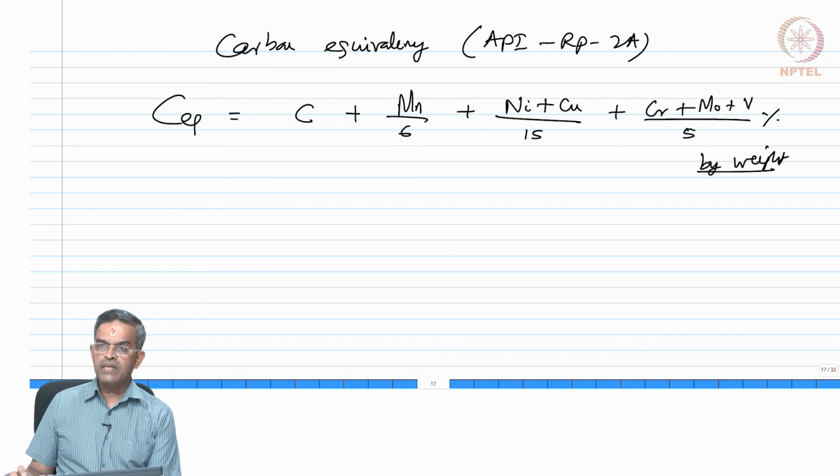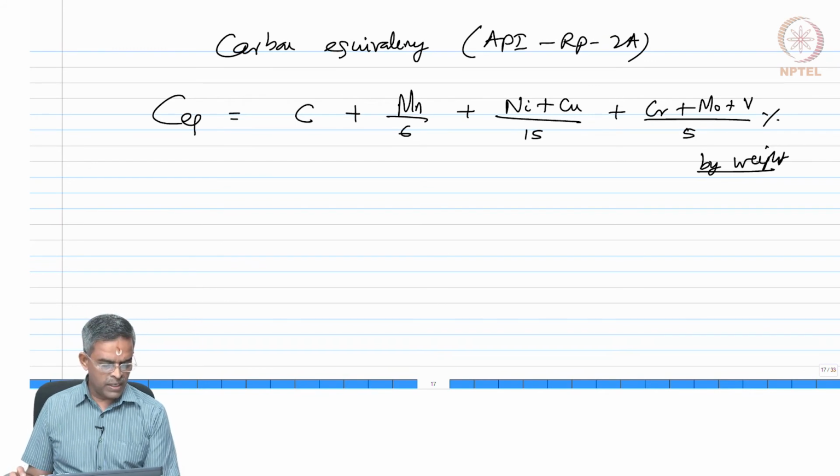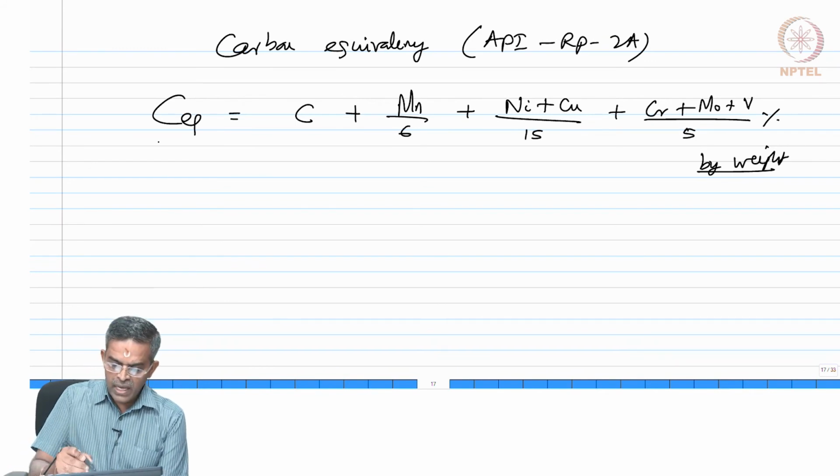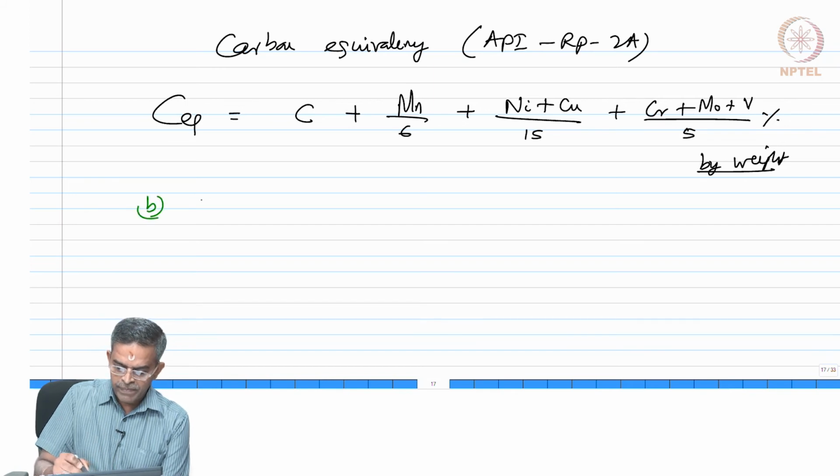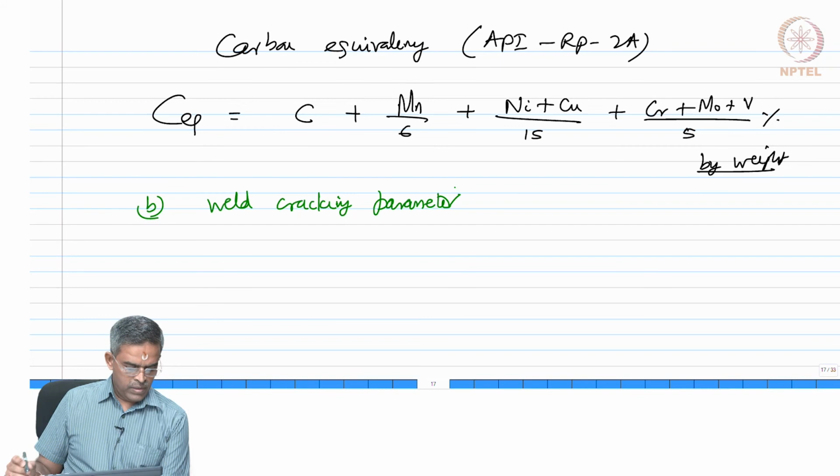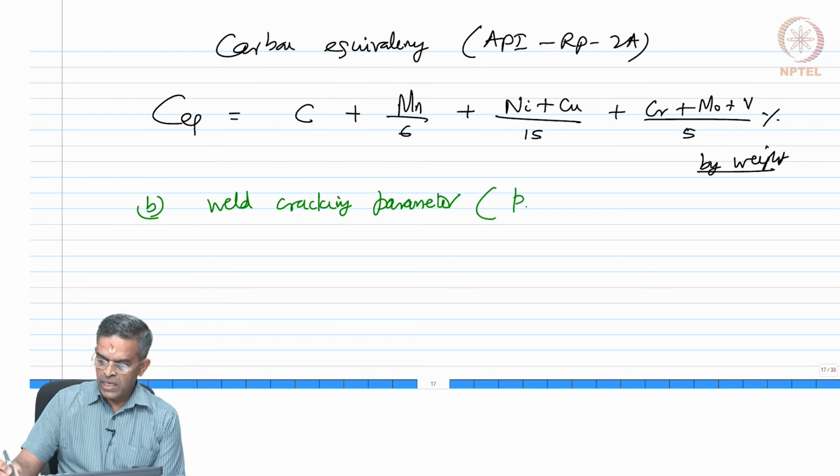The other parameter which is also used to check the weldability is a weld cracking parameter, which is called PCM.